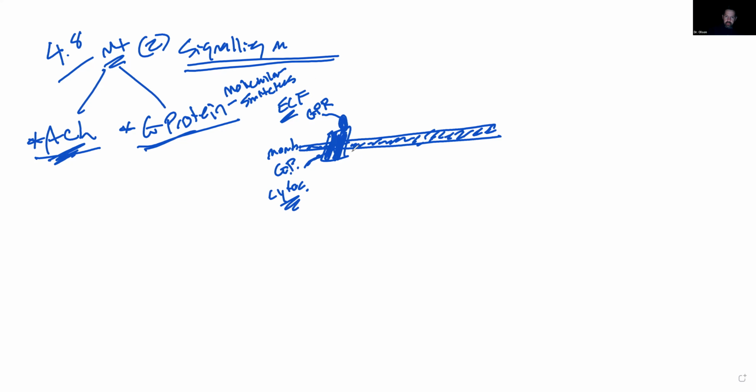It's involved in the transmission of signals from outside of the cell into the cell. And it's activated through G protein receptors, and these receptors on G proteins are going to interact with some sort of ligand.